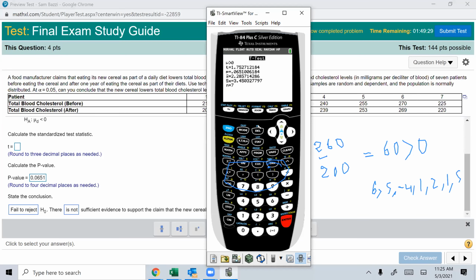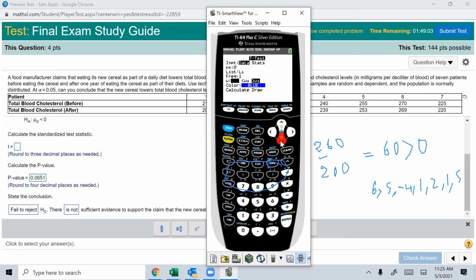Now I'm recording. So we put the differences in L1. Edit, let me just show you one more time. All those differences that we subtracted, we put them in L1, and then I went to Stat, Tests, T-Test, Data against 0. We put our data in L1.